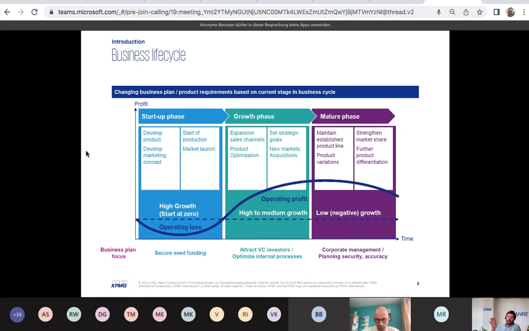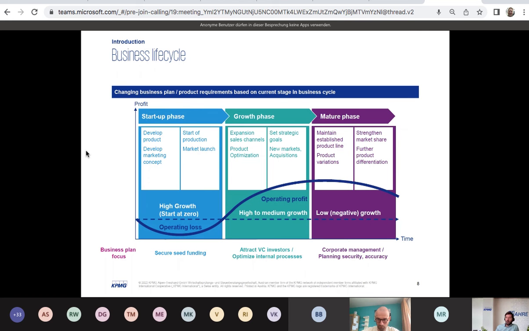So a business plan in this stage of the life cycle typically looks completely different to a business plan in the startup phase, or then in the mature phase. In the mature phase, where you have then hopefully a quite big company, an established product line, the business plan is more needed for corporate management, accuracy of your planning, and so on.